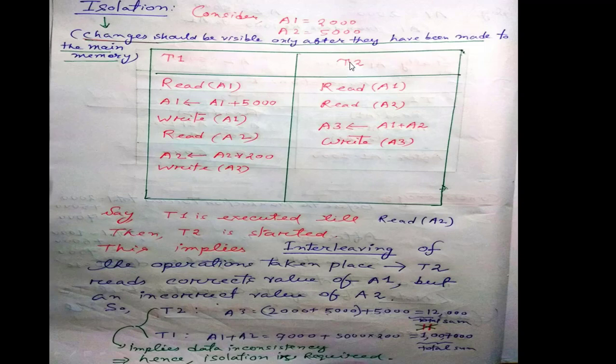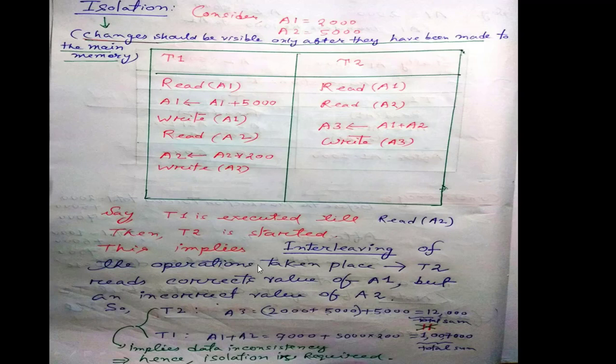Then T2 started. After this sequence of instructions up to read A2, T2 started its execution. But what would happen then? This will imply interleaving of the operations. Why? Because T2 reads the correct value of A1, because write A1 is conducted in T1, so it will get the updated value of A1 after being summed up with 5000.